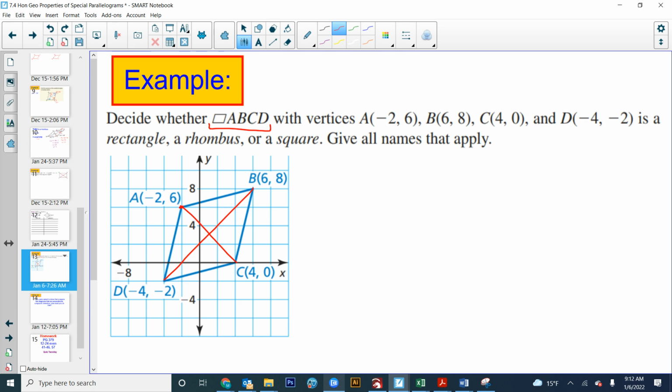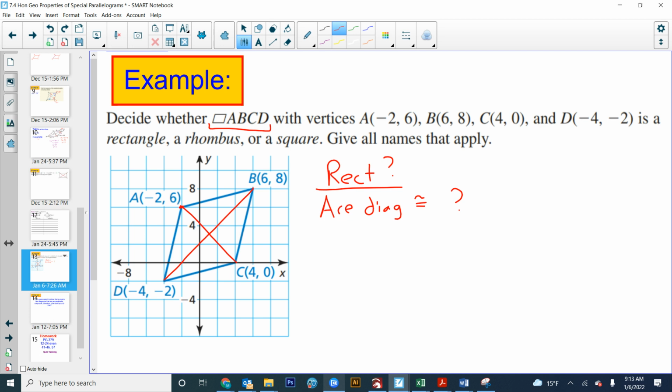Slope doesn't find length. Distance formula finds length. So when we go to do the rectangle, are the diagonals congruent? Okay, we're going to have to do that. We'll try to do this one tomorrow.